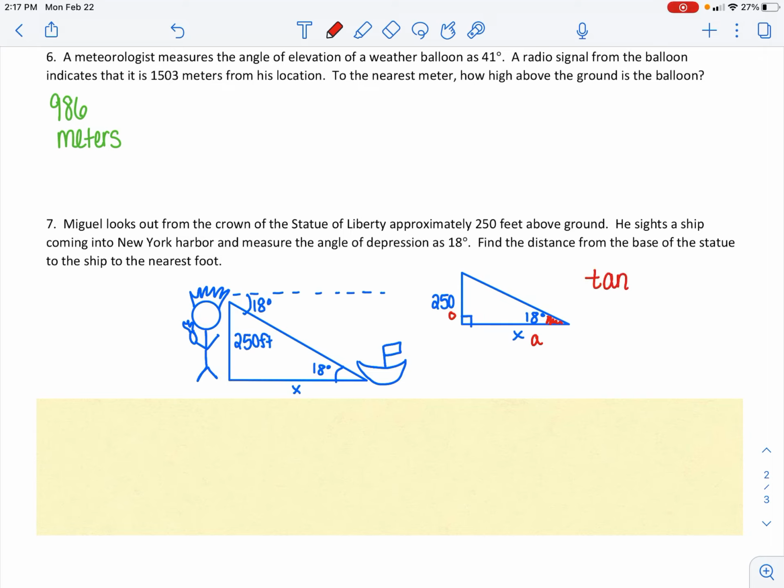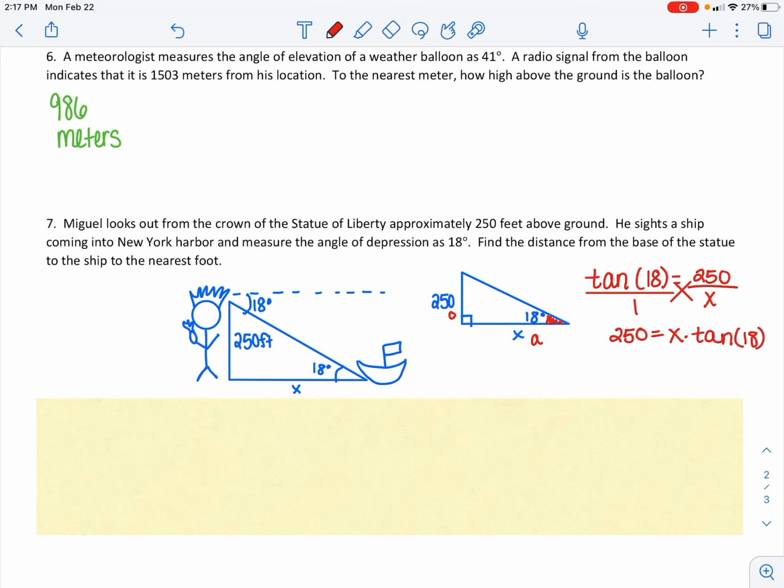So we have the tangent of 18 is equal to opposite over our adjacent side. We are going to go ahead and cross multiply. So we get 250 times 1 is 250. And X times the tangent of 18.